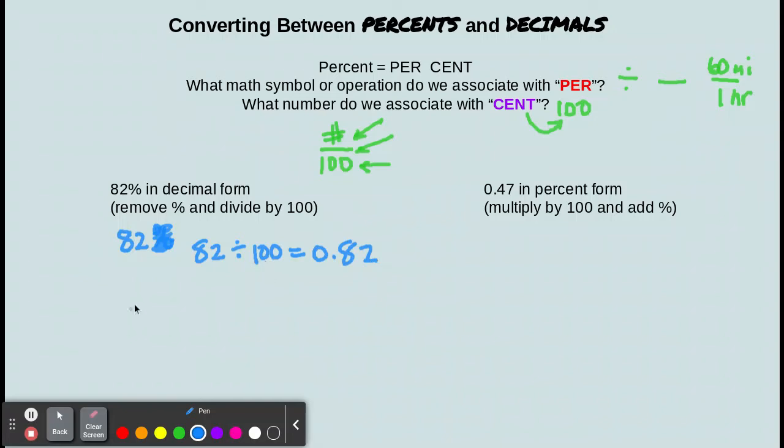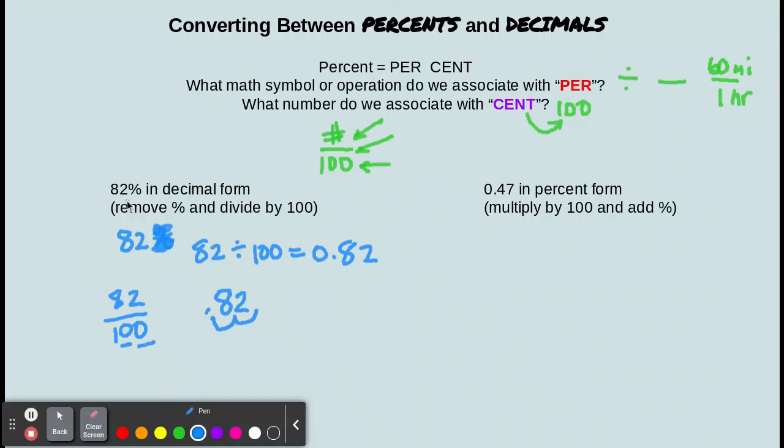Because 82% is 82 per 100. So if you divide it by 100, that's the same as moving the decimal place 2 spots over, because there are 2 zeros.